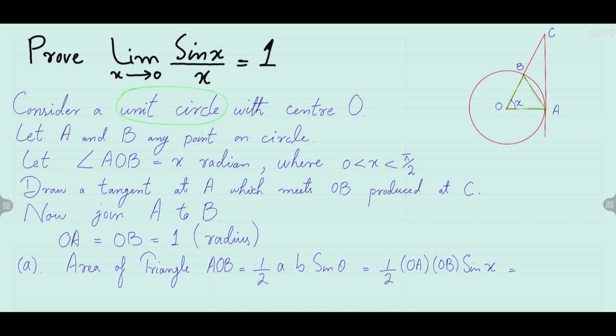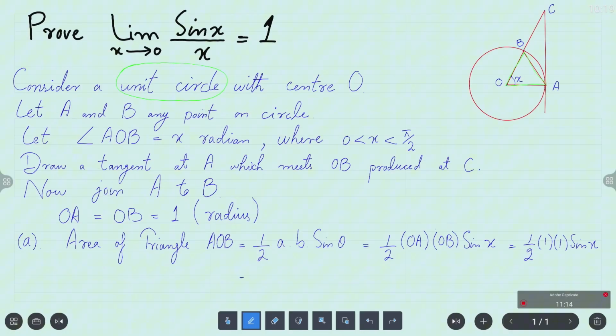So we have radius equal 1 unit, so OA and OB will be 1, so we get area of triangle AOB equal 1 by 2 sine x, which is equation A.